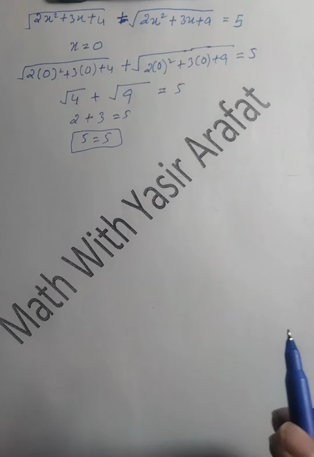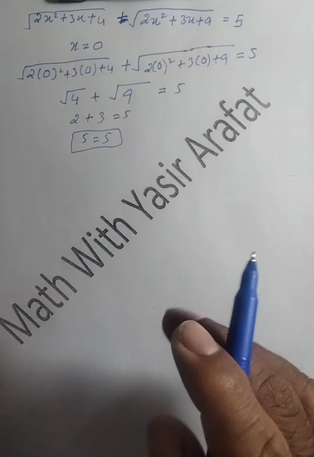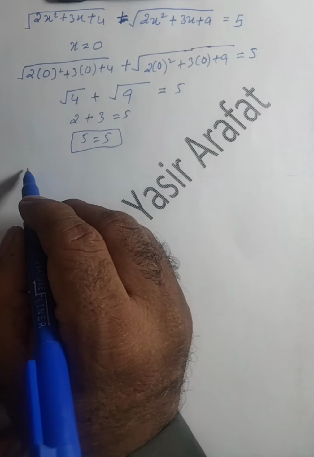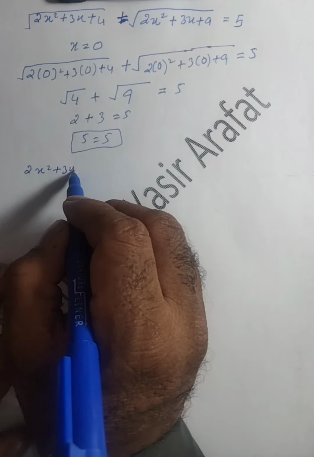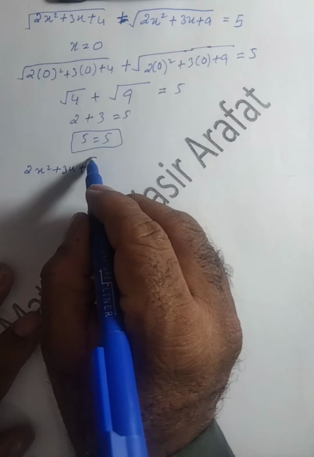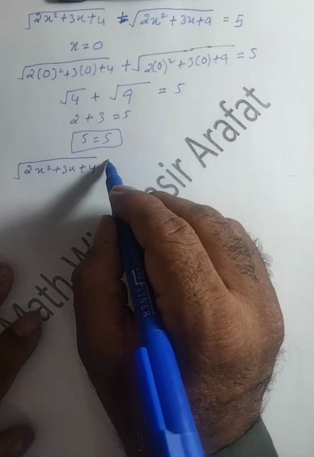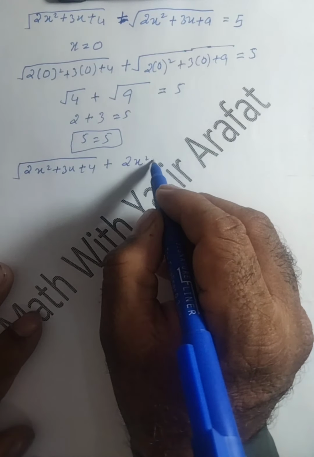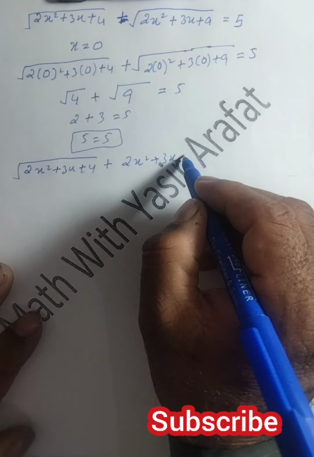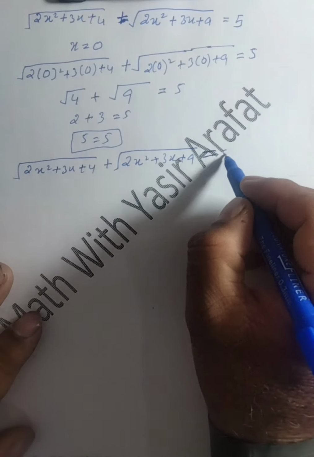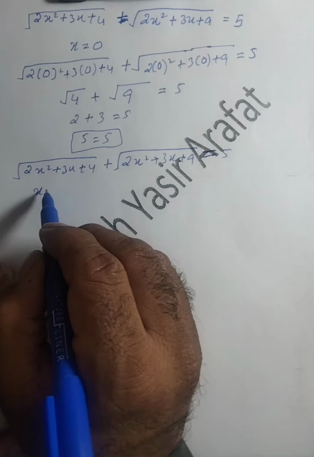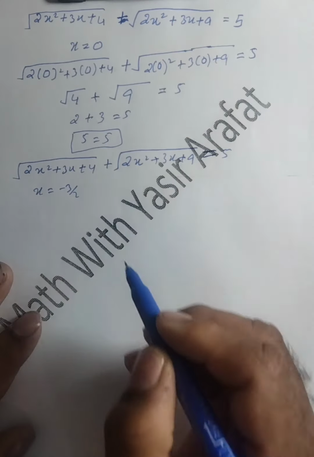Okay students, now we have to put the value of x is equals to minus 3 upon 2 in the same question. So this is radical 2x square plus 3x plus 4, plus radical 2x square plus 3x plus 9, that is equals to 5. Now what is the value of x? Minus 3 upon 2.